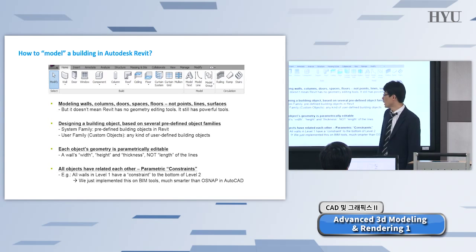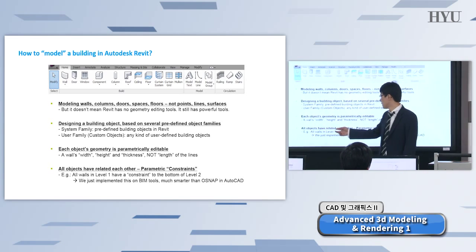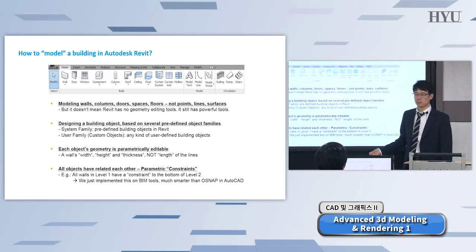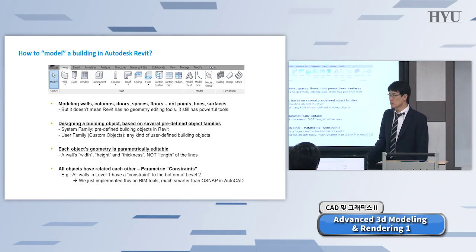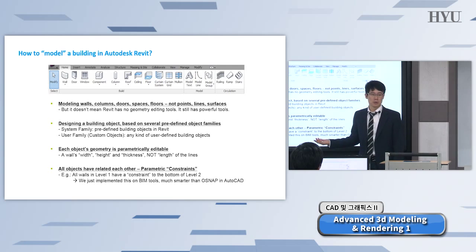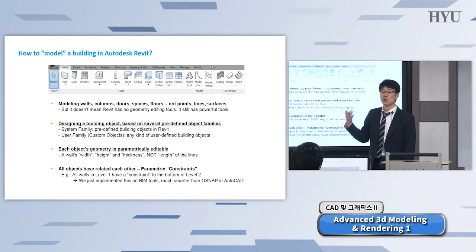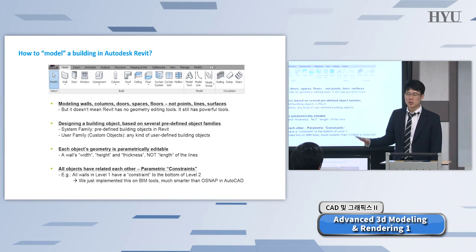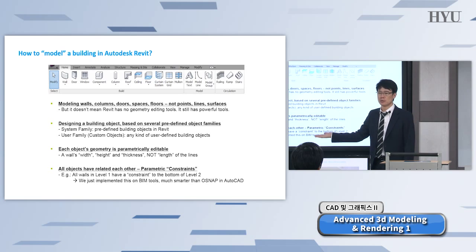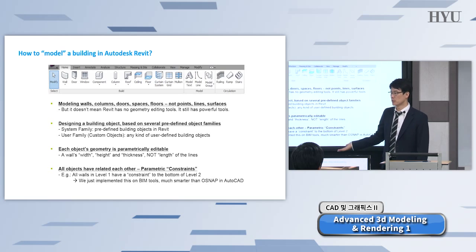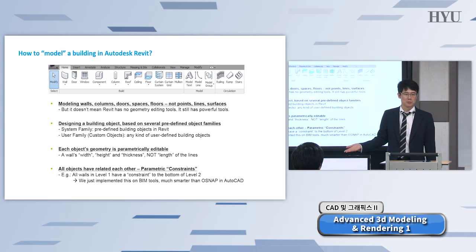Okay. And entire objects have their own relationship to other objects, which means that if you want to create a door object, you have to create wall first, okay? Simply because without walls, there is no way to stand a door object, okay? How about windows object?